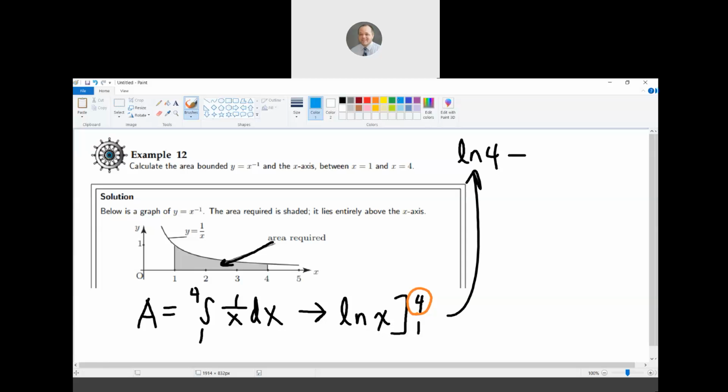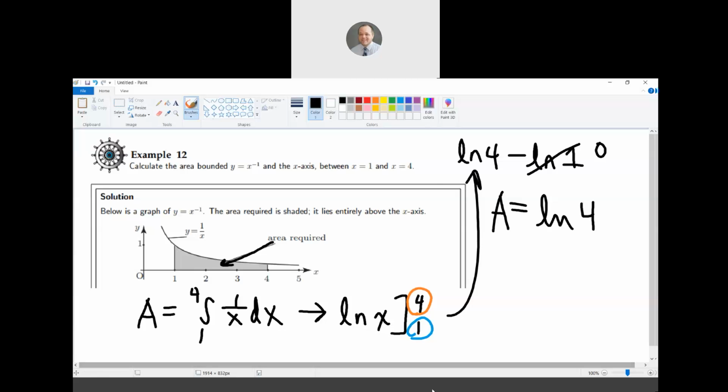And the second go around, we'll replace x with 1. That will be natural log of 1. Well, the natural log of 1 is 0. So our final area is exactly natural log of 4 square units.